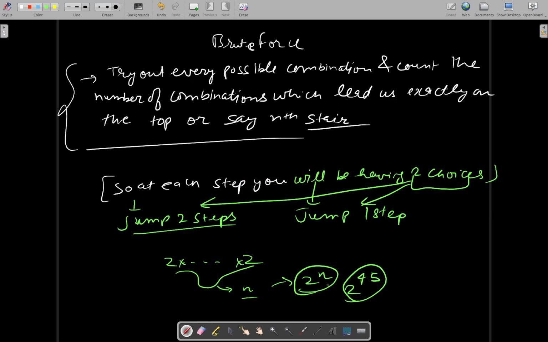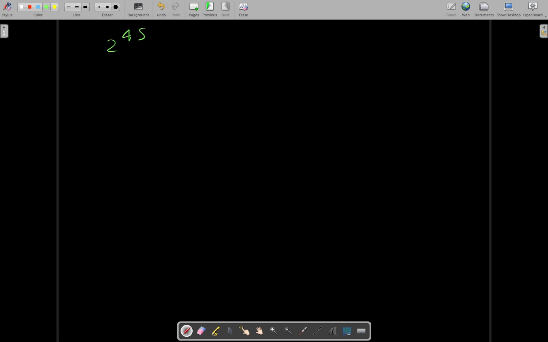Okay, so 2 raised to power 45 is very much greater than 10 raised to power 8. So these will be the number of operations that you will be requiring. Let me take it to another slide. 2 raised to power 45, and the comparison was with 10 raised to power 8.